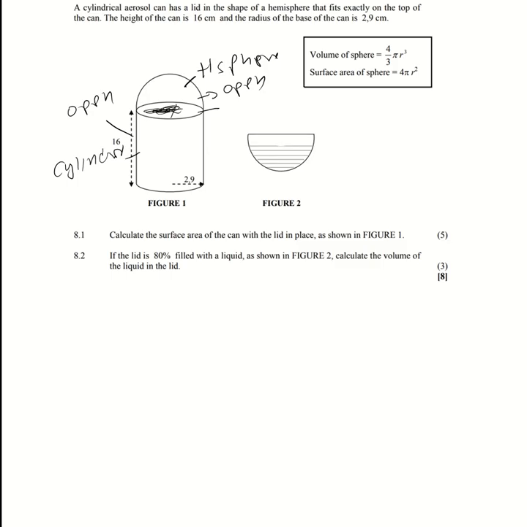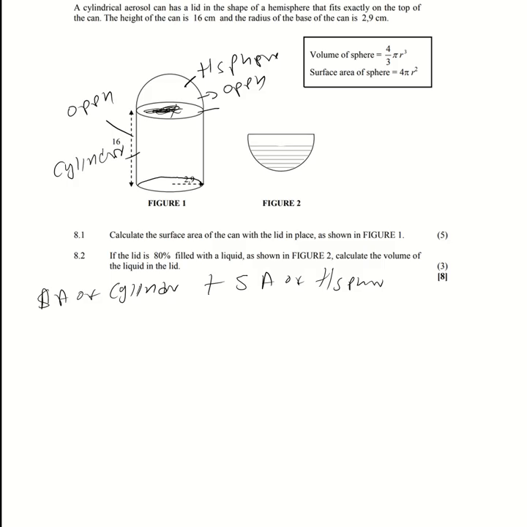So the surface area is the surface area of a cylinder plus the surface area of a hemisphere.